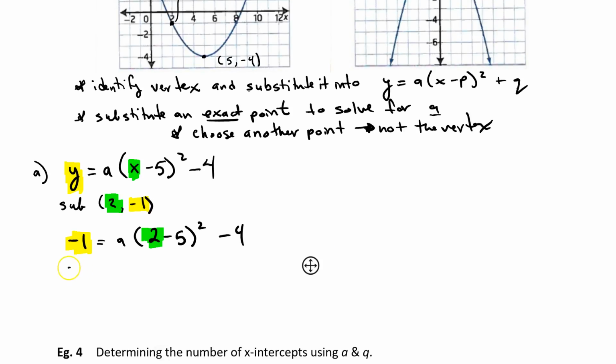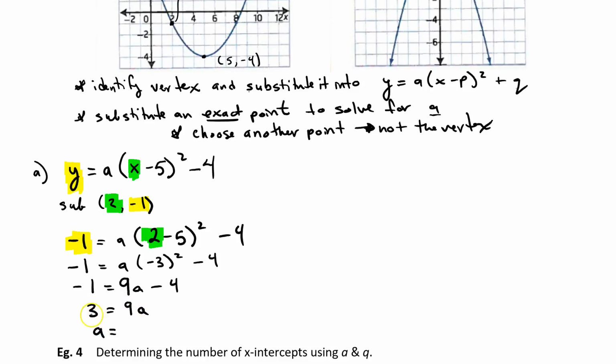So I'm going to say negative 1 equals a(negative 3) squared minus 4. Negative 3 squared is 9, and we like the coefficient in front of the variable. 9a minus 4. Add 4 to both sides. 3 equals 9a. So then a equals, divide both sides by 9.